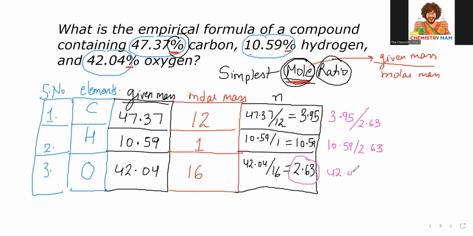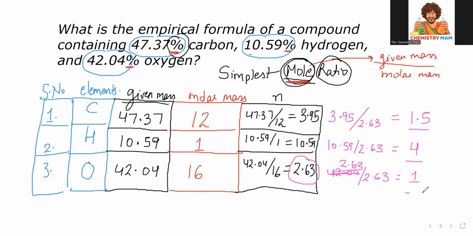So 3.95 divided by 2.63 is 1.5. 10.59 divided by 2.63 is 4. And 2.63 divided by 2.63, sorry, my bad, the moles was 2.63, so this is 1.